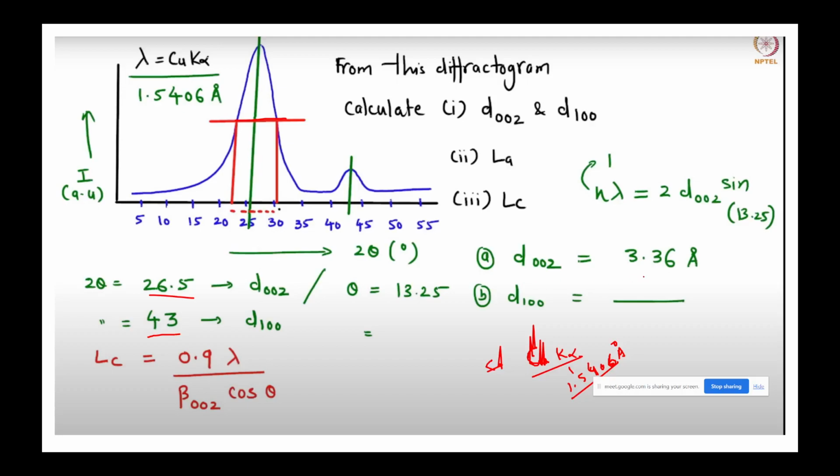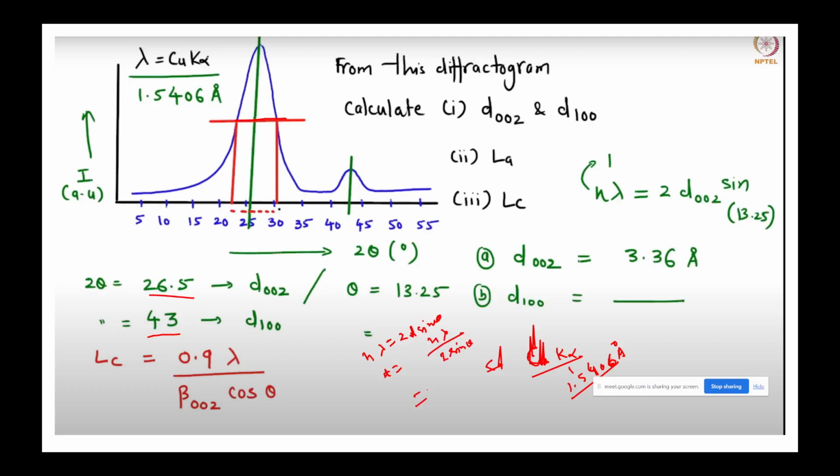What would d002 be? Lambda equals 2d sine theta, so d equals lambda divided by 2 sine theta.